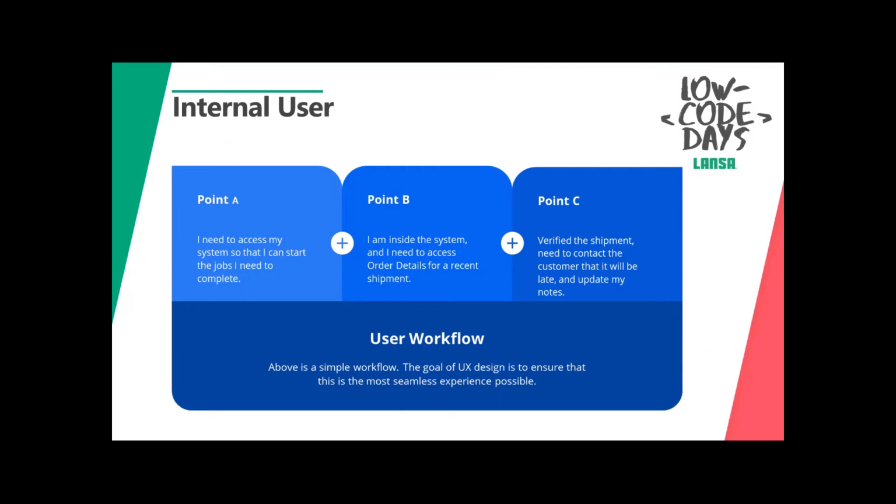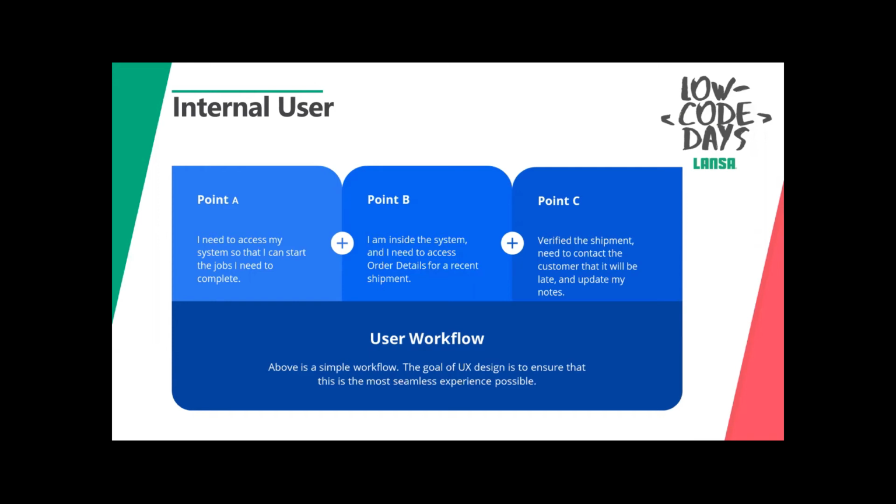And then from that point, there are other areas in which maybe we need to track the session. Maybe me logging in is also a timestamp or a clock punch. And then from there, we go to point B. So I'm inside the system and I need to access order details for a recent shipment.